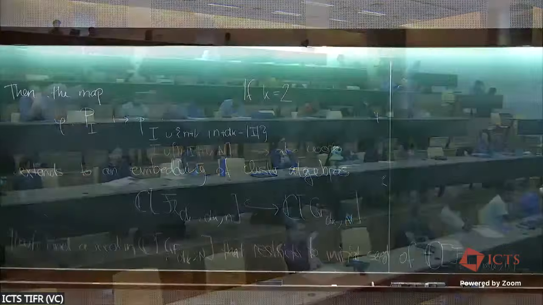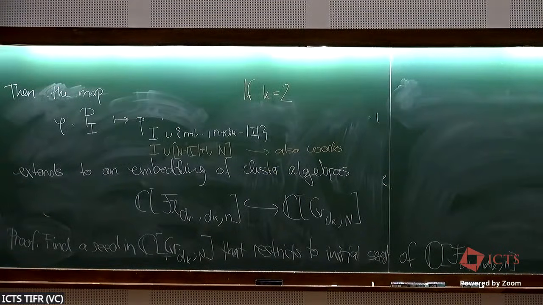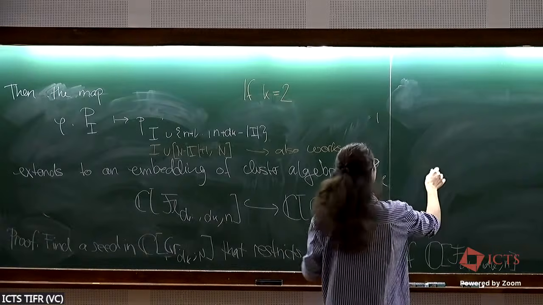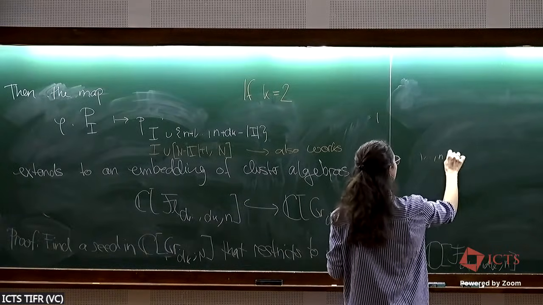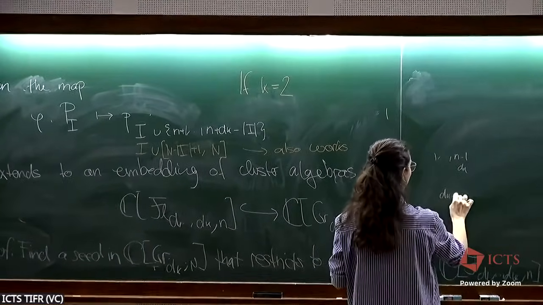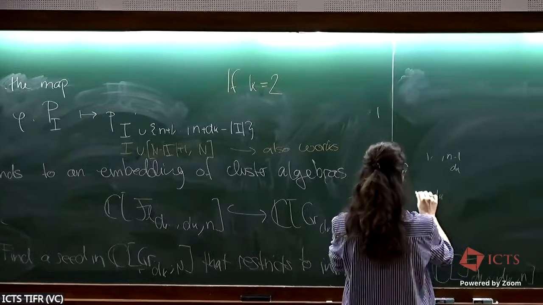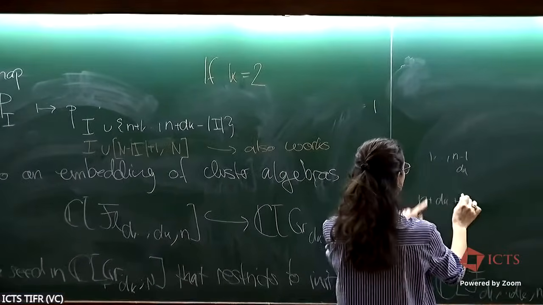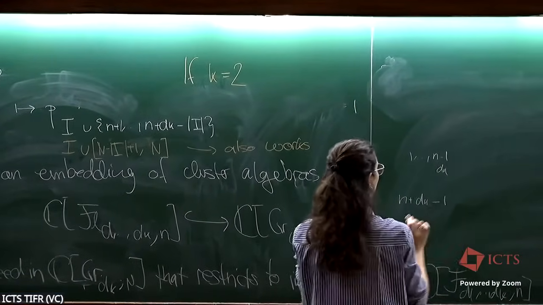Right, so then you would go until n minus 1, and you have to add n minus 1 minus 1. So you have to add n minus 2. So if you have 1 to n minus 1, this is the k, and then I have to add n plus dk minus d1.